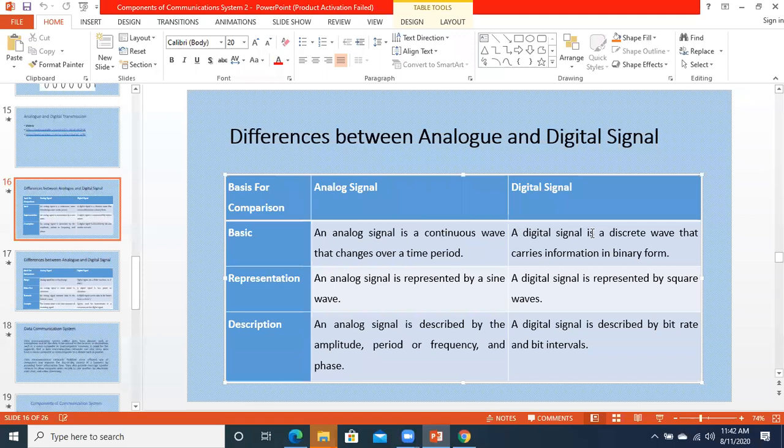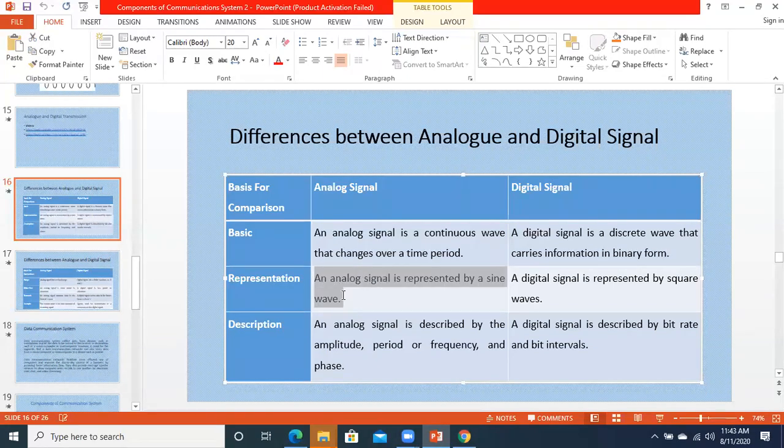But in the digital signal, a discrete wave is there that carries information in binary format. So this is the foundation difference, the basic difference between the analog and the digital signal. Number 2 point is the representation.